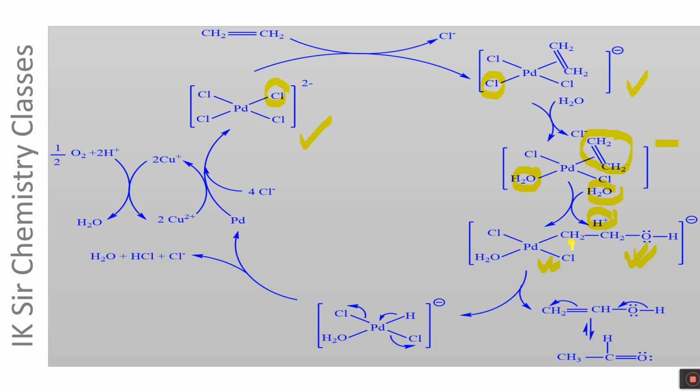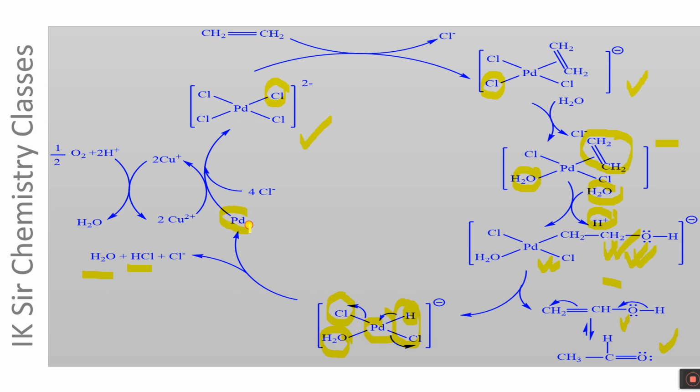Thereafter, the sigma bonded beta hydroxyethyl group undergoes a beta hydride elimination reaction. This beta hydrogen is transferred to the metal atom, and vinyl alcohol is formed, which tautomerizes to acetaldehyde. Finally, this anionic complex loses HCl, Cl- ion, H2O and palladium.